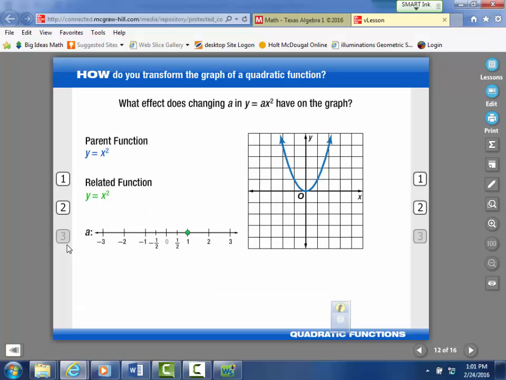Okay. Let's see. What happens if we change the number in front of x squared? Okay, so this is when the number is at 1. That's our parent function. So what happens if we go to 2? Oh, it got much more narrow, right? And then 3, even more narrow. Okay, so it didn't move it. This time it caused it to change its shape.